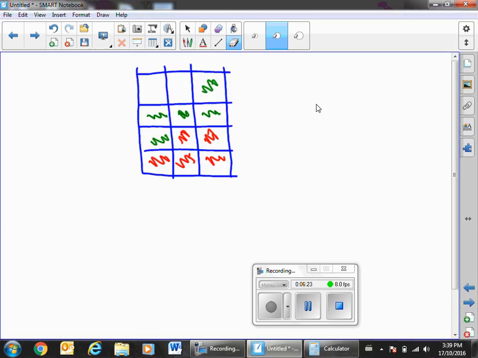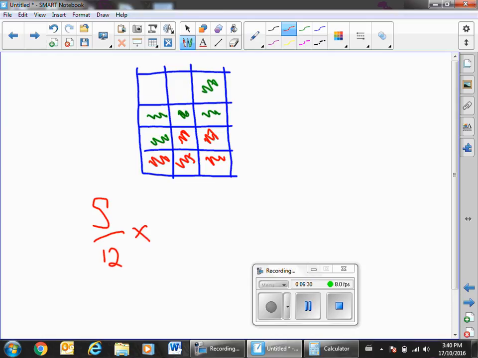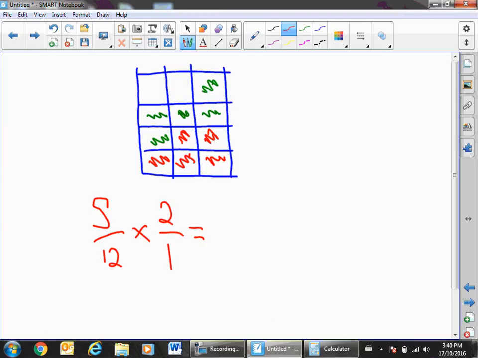Imagine it's 5/12 times 2. 5 times 2 is 10 over 12, and that reduces down to 5/6. So between the two of them, they shared 5/6 of the pizza.